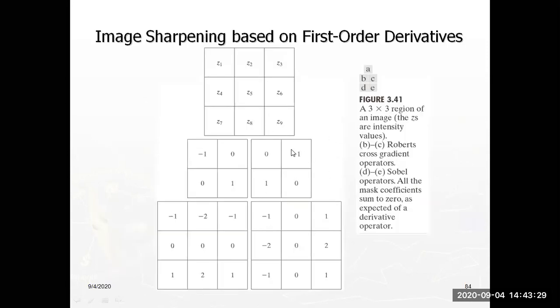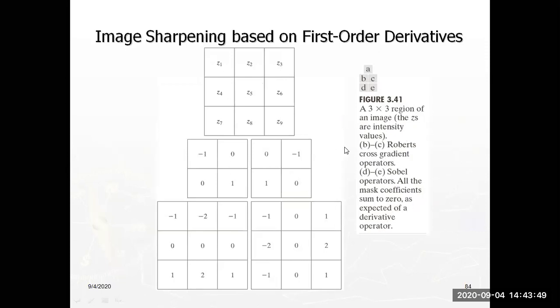Suppose this is my 3 by 3 region of an image, shown as intensity values. B and C are the Roberts cross operators, D and E are the Sobel operators, and all the mask coefficients sum to 0, as expected of derivative operators.